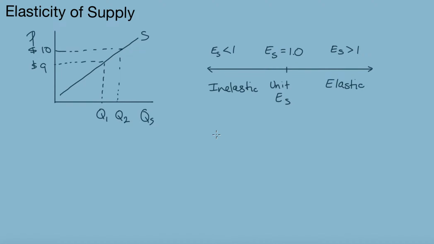So just looking at the supply curve, we can't be 100% certain what the elasticity of supply is going to be, but we can talk about it in relative terms.